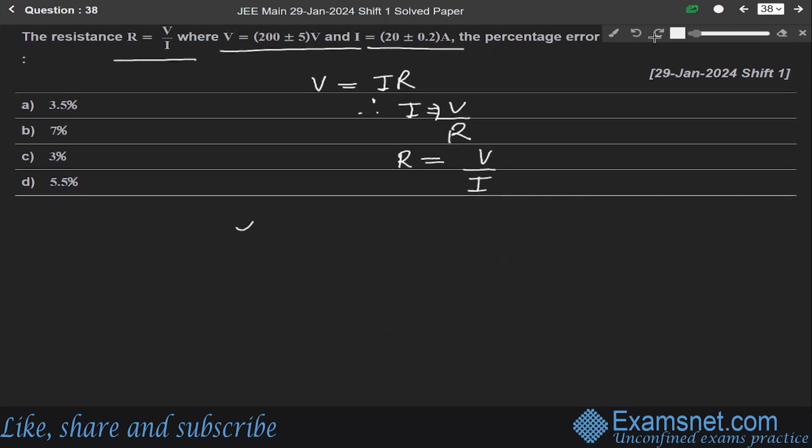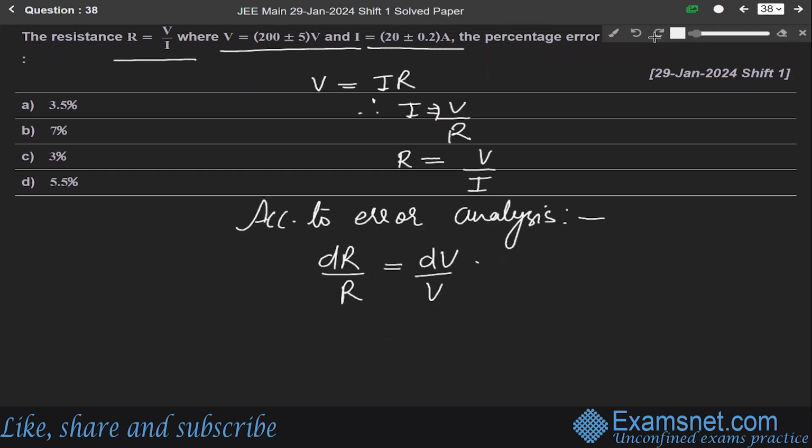Now, according to error analysis, differentiating it, we get del R over R is equal to del V over V plus del I over I. Now the percentage error means del R over R into 100.